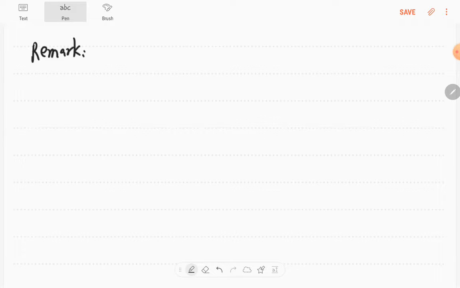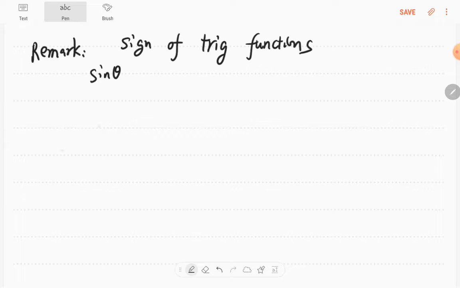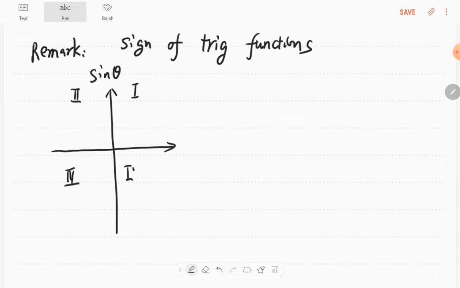This is a very important remark, which is called the sign of trig functions. So let's look at the sine theta first.